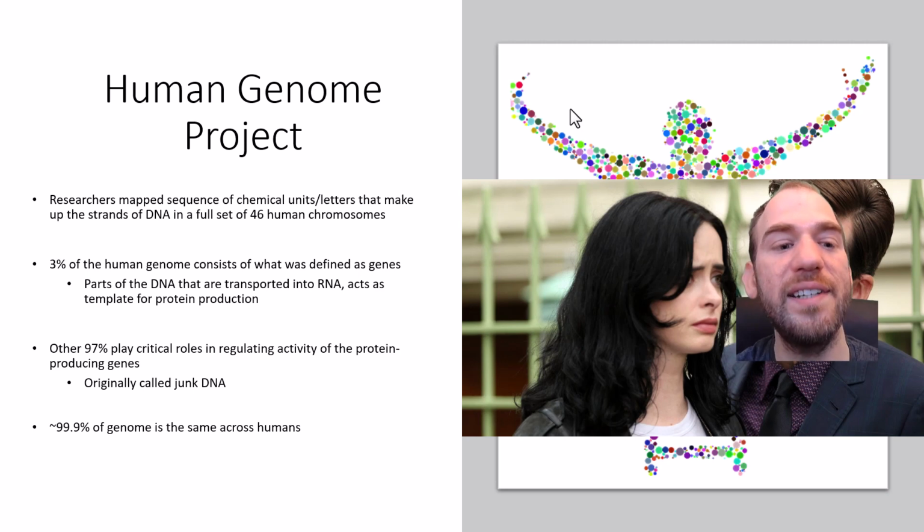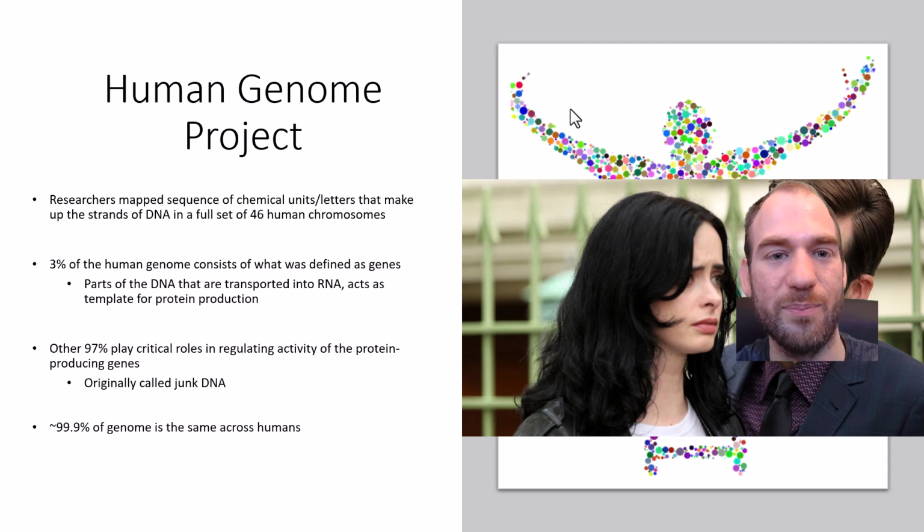The other 97% of the human genome plays critical roles in regulating the activity of the protein-producing genes, and was originally called junk DNA. What was found was that about 99.9%, depending on the calculation, there's like 99.6, whatever, you get the idea, of the genome is the same across all humans.